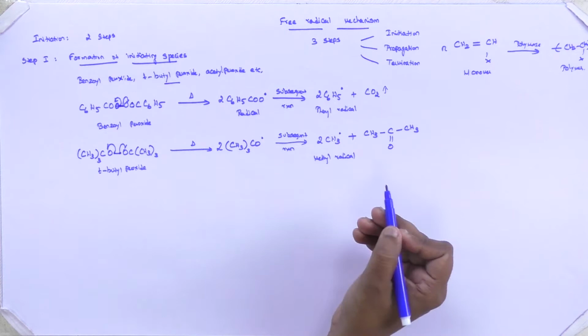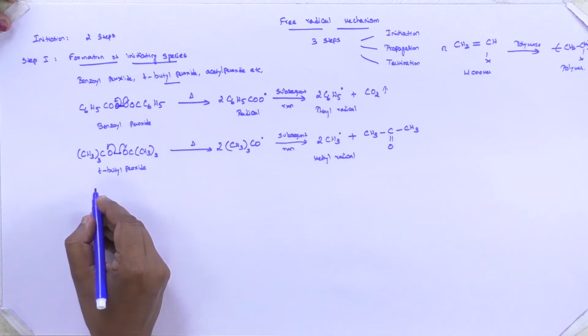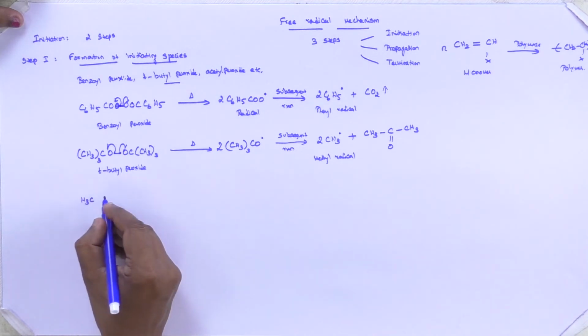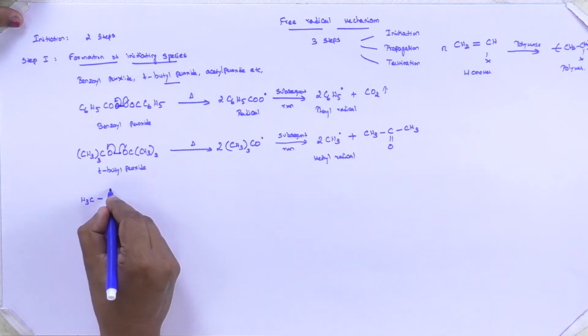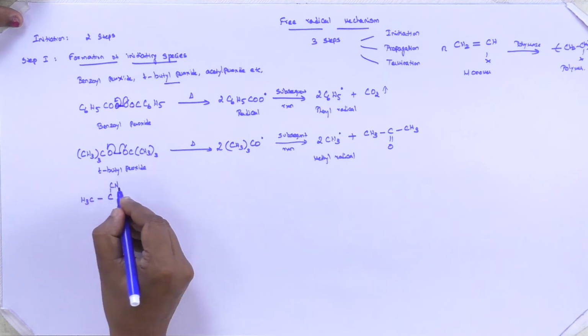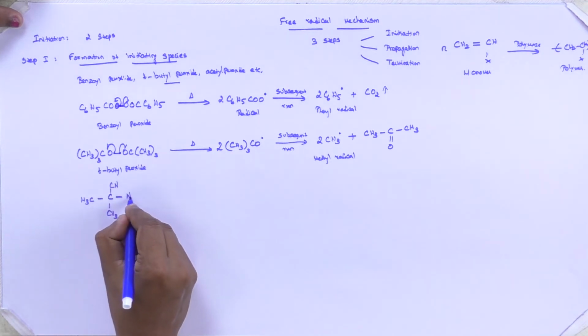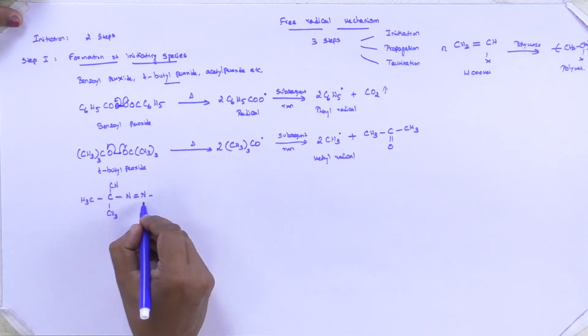Next, we will see another example, azobis isobutyronitrile. The formula for this is CH3, and as it is an azo compound, it has an N=N, which is your azo group.